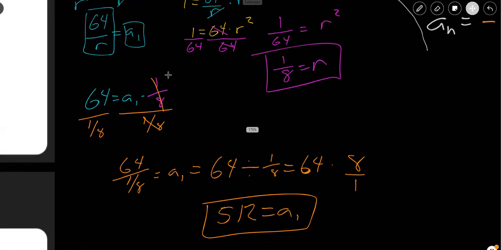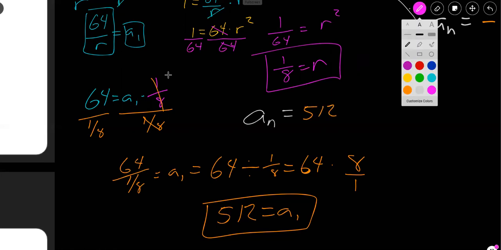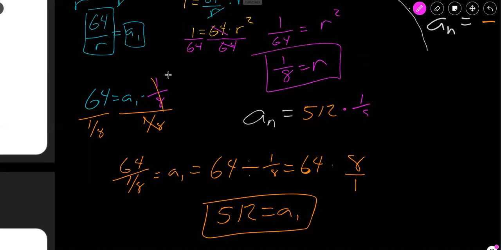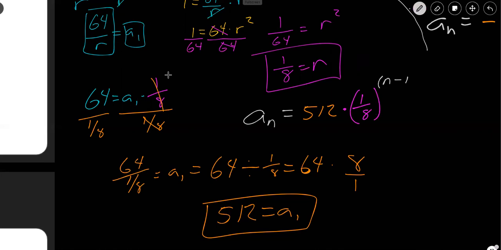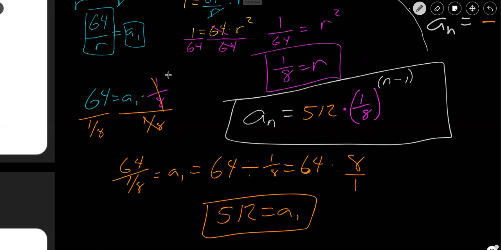I've got my r value already, so now I can build my equation. An, the value at any position I want, is equal to the value at my first position, 512, times my ratio, 1/8, to the power of n minus 1, which just represents the number of multiplications I need to do, or jumps I need to make to go from position 1 to position n.